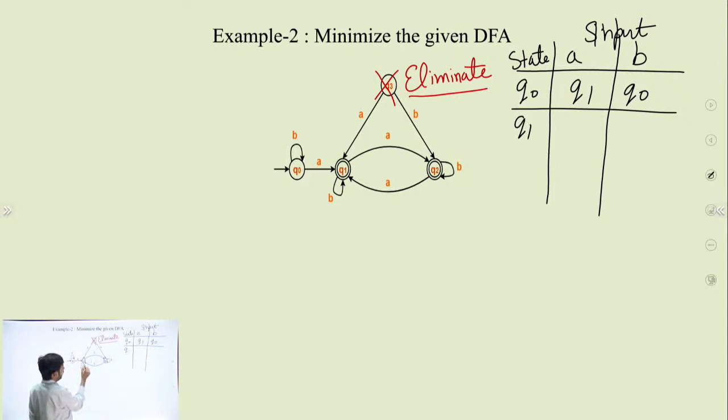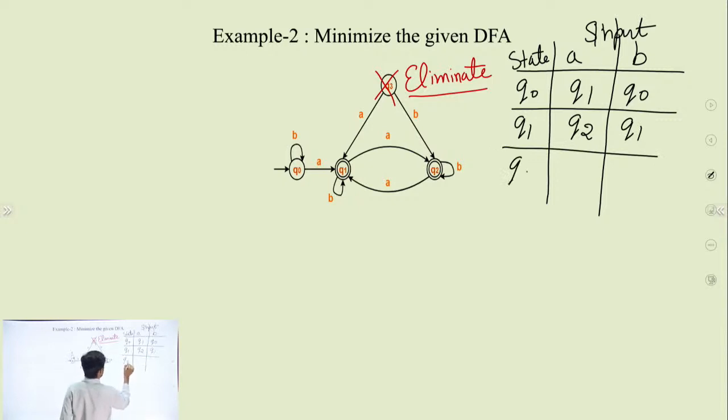On state Q1, on input A we can go to state Q2. On Q1, on input B we can go to state Q1. Now see the state Q2: on input A we can go to state Q1, and on input B on state Q2 we can go to state Q2. So this is the transition table.